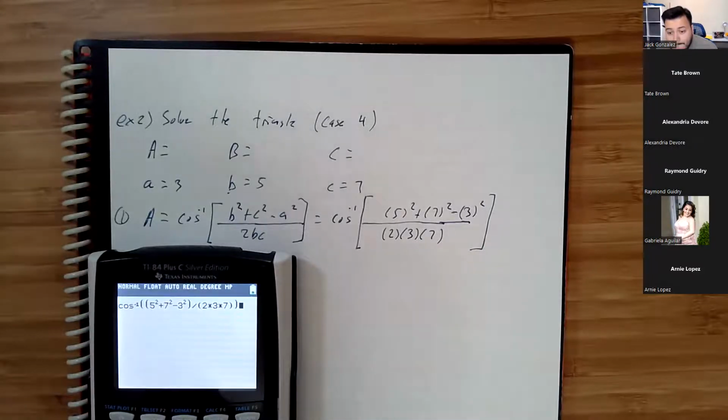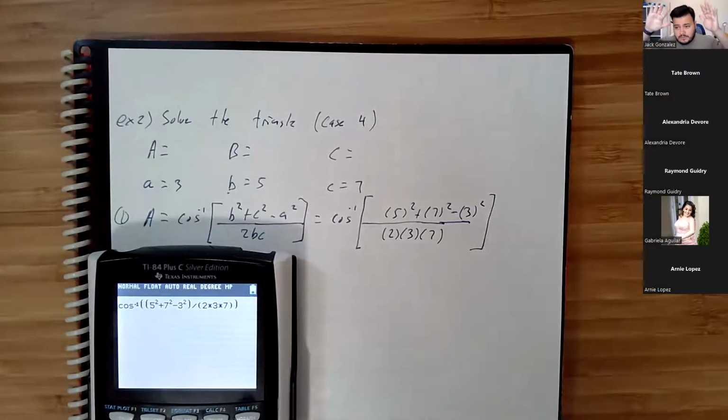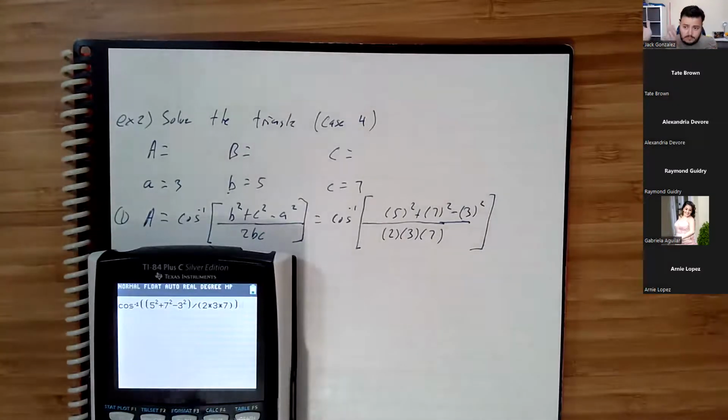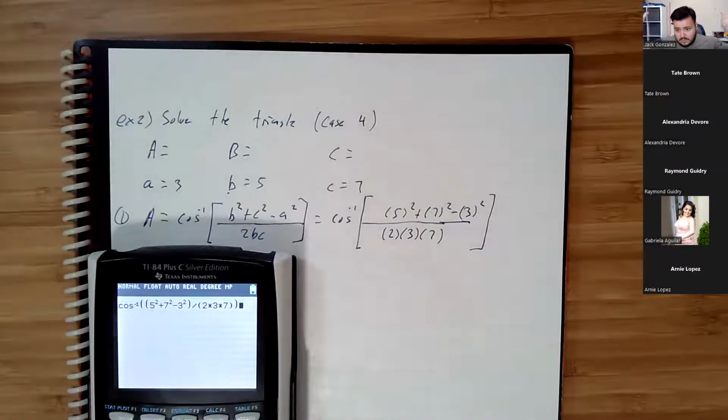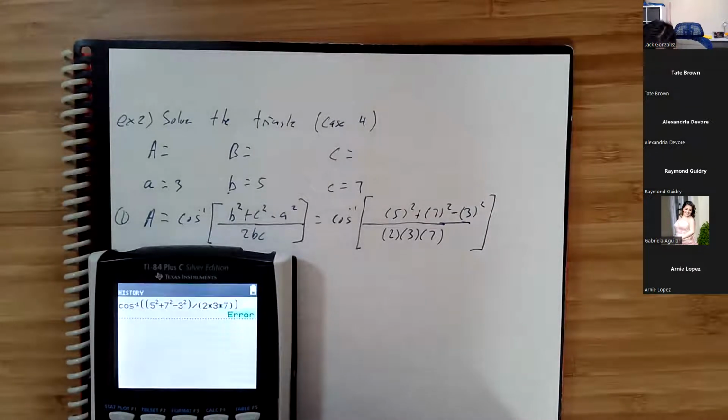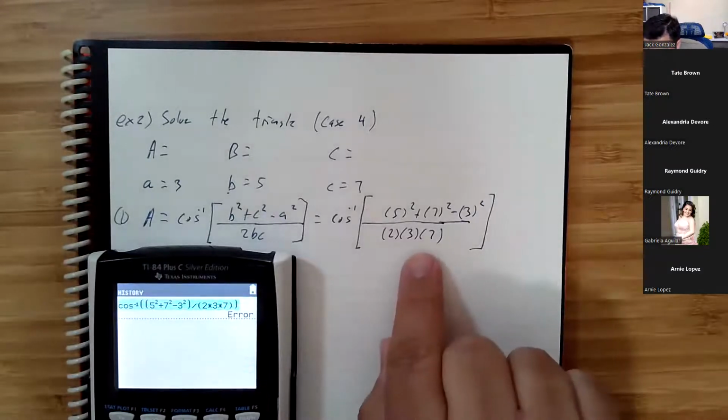Close the cosine. So parentheses for the top, slash bottom parentheses, and then the cosine parentheses. Oh man, messed up. Let's see. 5 squared plus 7 squared minus 3 squared. Oh, that should be a 5 here.